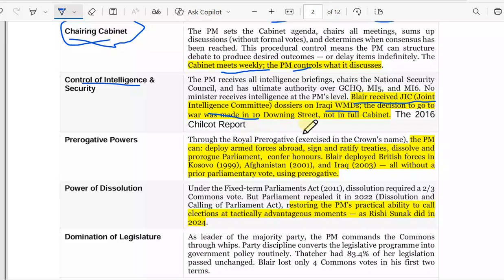There is also something very different about Tony Blair: his government is called sofa government, because he discussed all his decisions in Downing Street and not in the full cabinet.